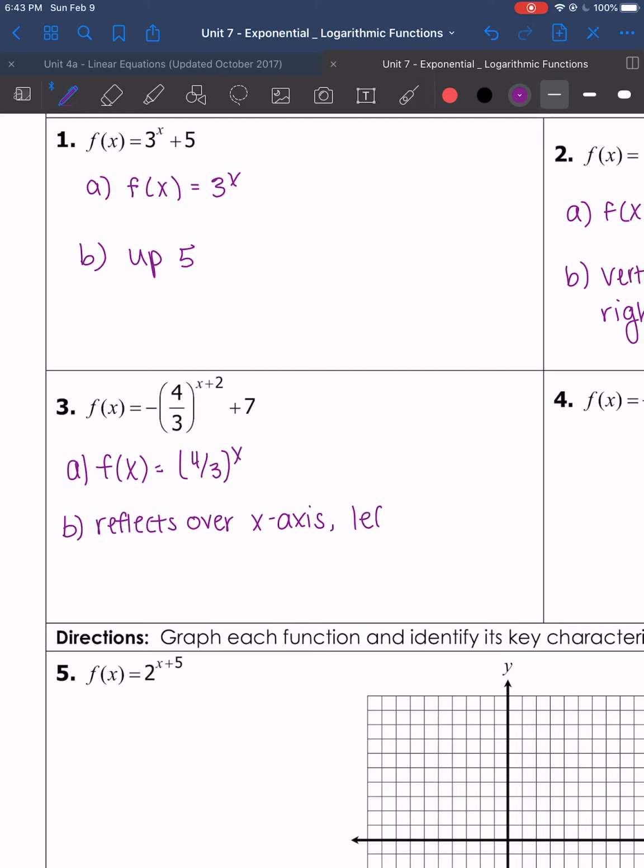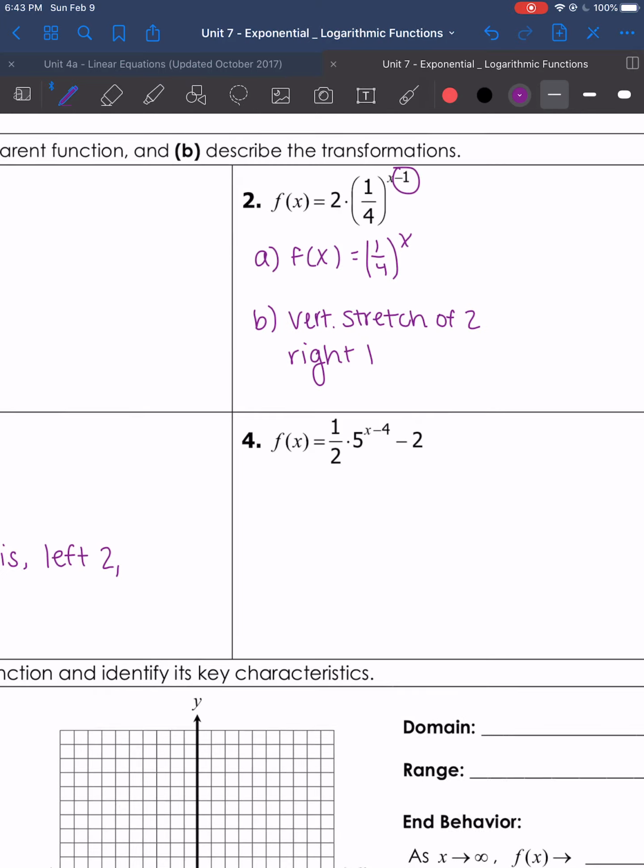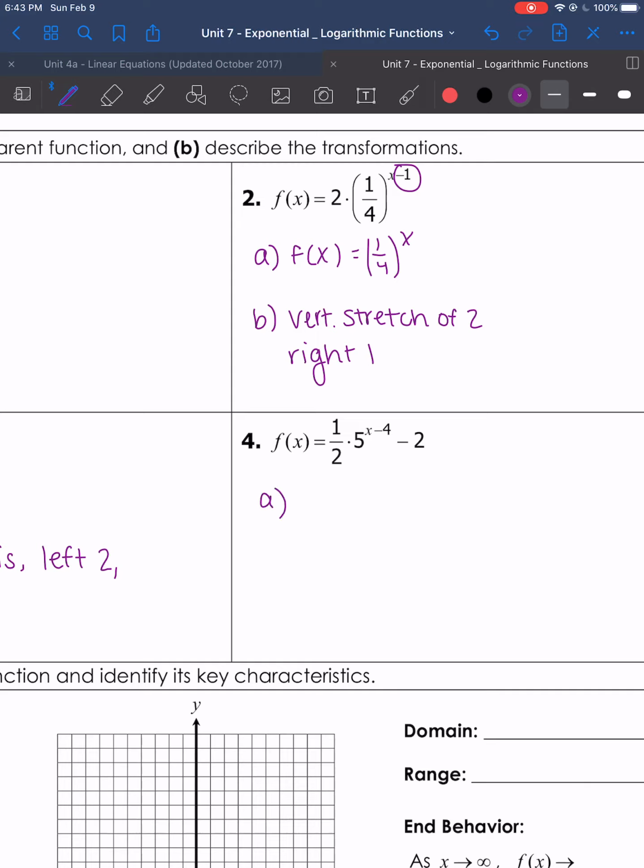Goes left 2 and up 7. 4, my parent function is f of x equals 5 to the x, and my transformation is a vertical compression of 1/2. It goes right 4 and down 2.